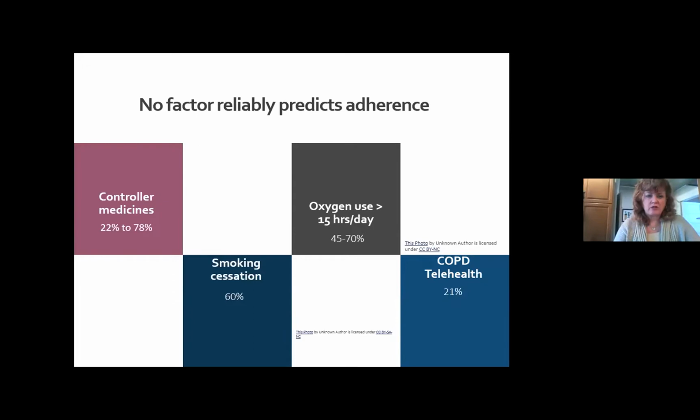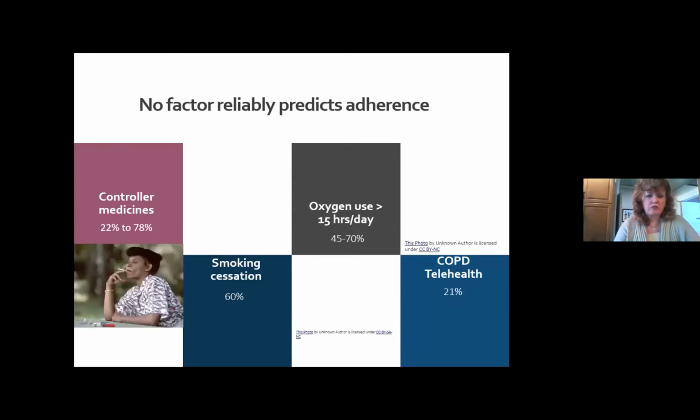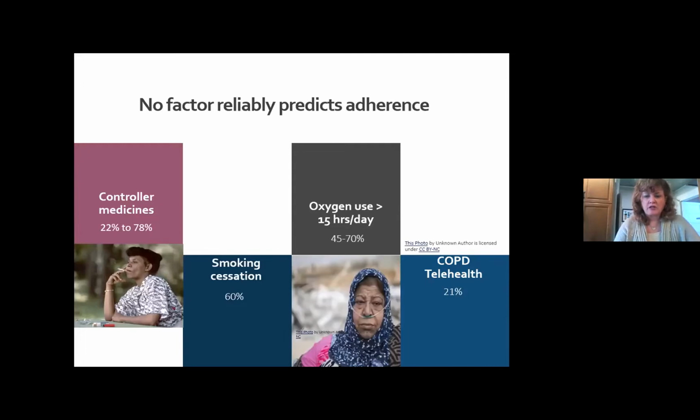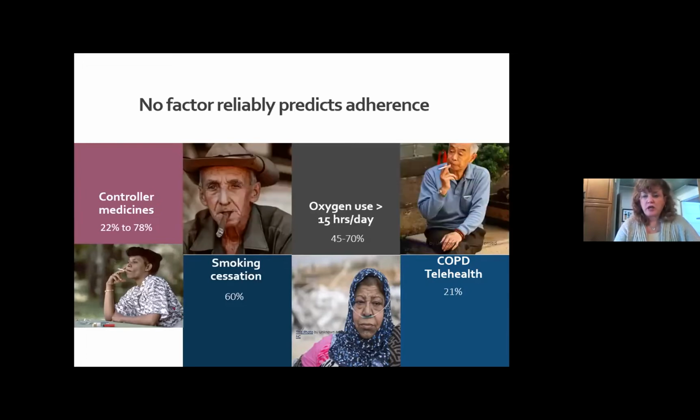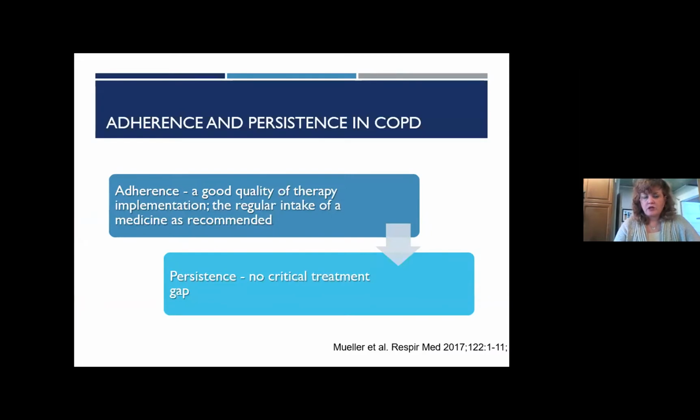We know that adherence to controller medications is in the neighborhood of about 50%, and oxygen therapy use of greater than 15 hours per day, which is what's needed for long-term oxygen therapy to be effective, is again in the neighborhood of about 50%. Only about half of people who try to quit smoking are successful, and there are very low rates of acceptance of telehealth programs.